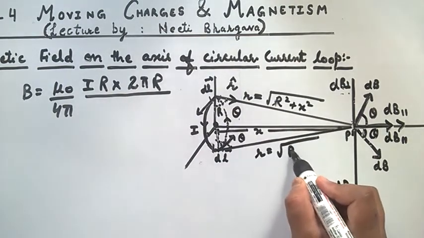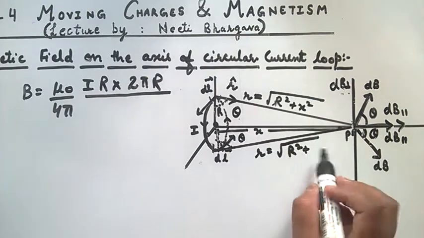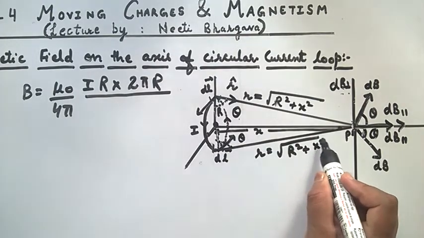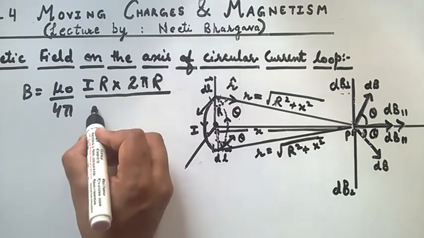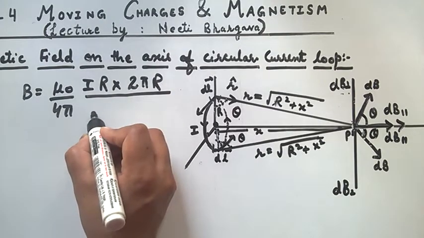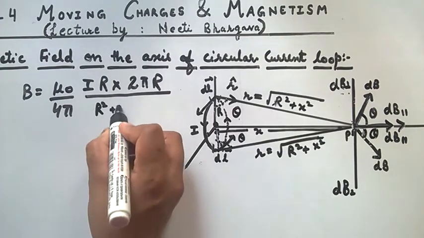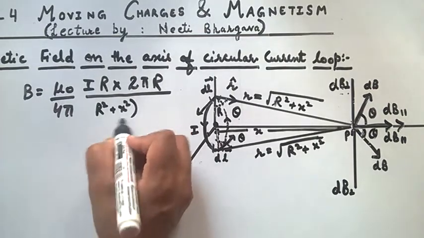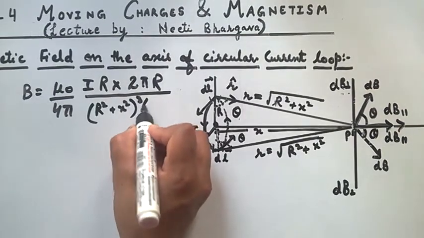Here also it is equal to R square, radius, plus x square. So here we will substitute r cube, that is R square plus x square whole power 3 by 2.